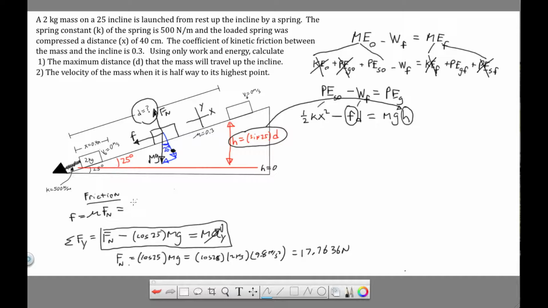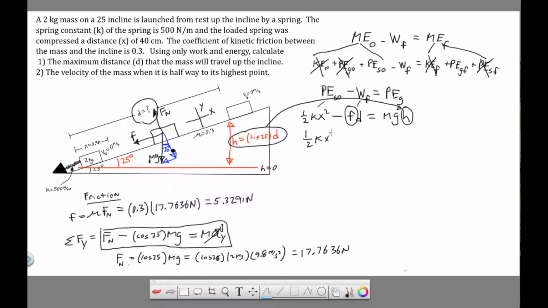Again, we're trying to find friction because we need it for this equation. So the coefficient is 0.3. That was a given. We just found the normal force, 17.7636. And this gives us a frictional force of 5.3291 newtons.